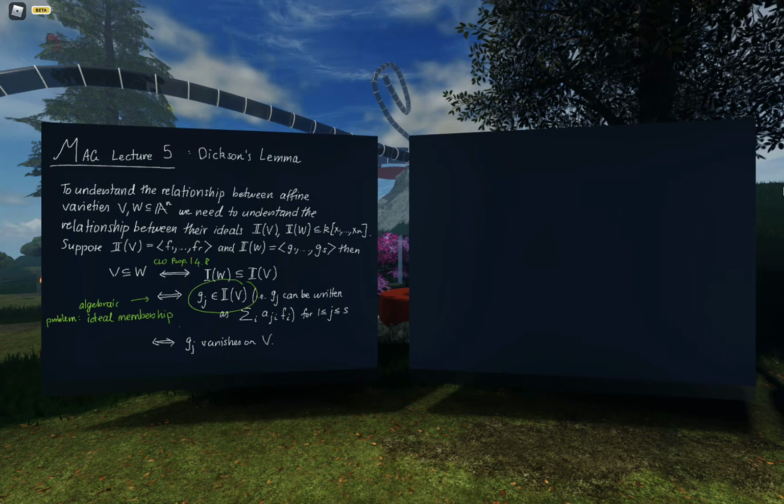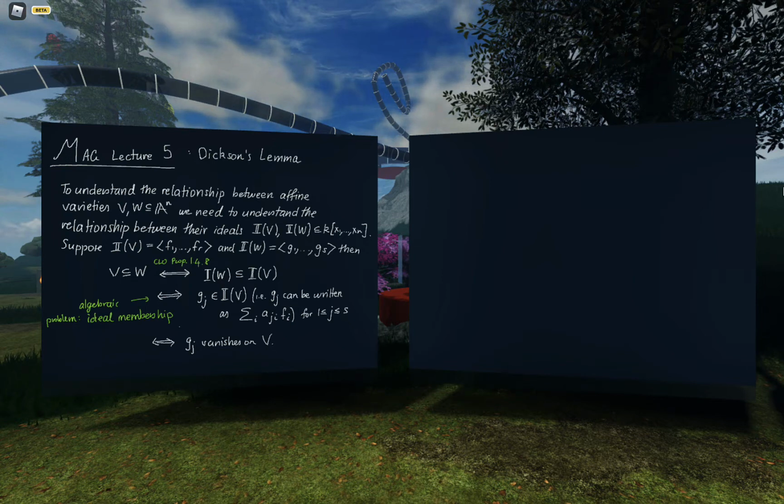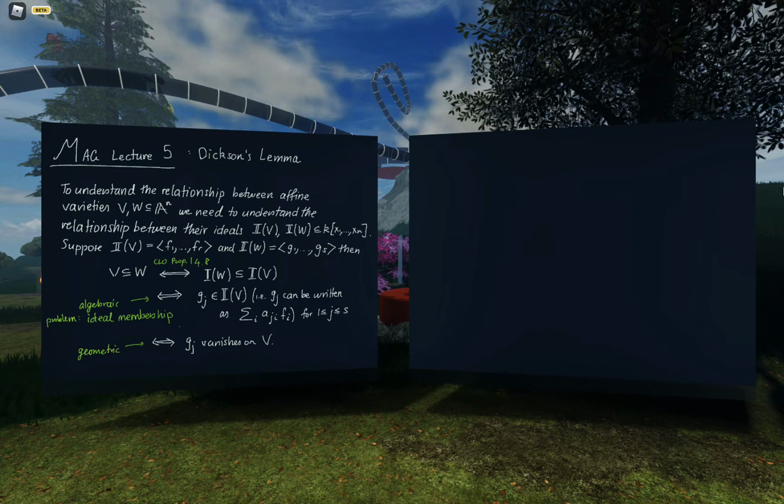That's a non-trivial problem. That's the problem that's referred to as the ideal membership problem. By the end of the course, we will have solved this problem. At least we'll have given an effective algorithm for checking that one way or the other. This here is a more geometric way of checking. And depending on the problem, one or the other may be easier.